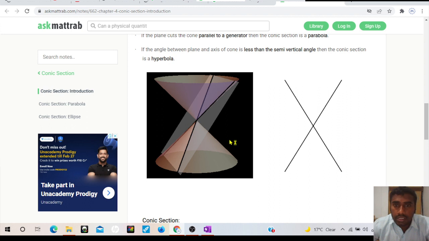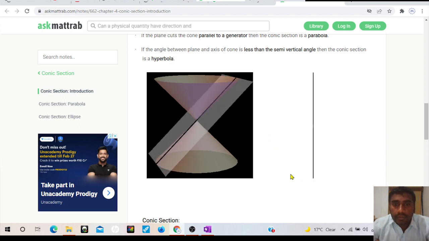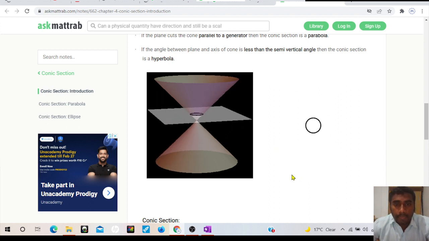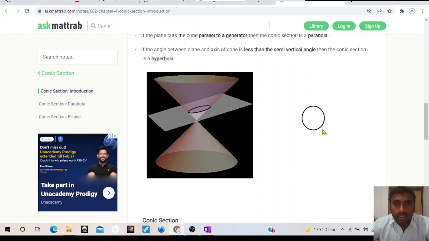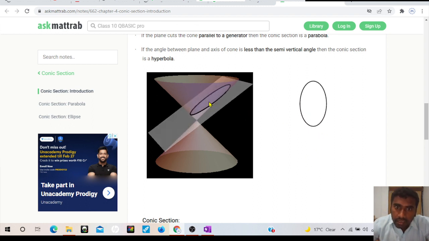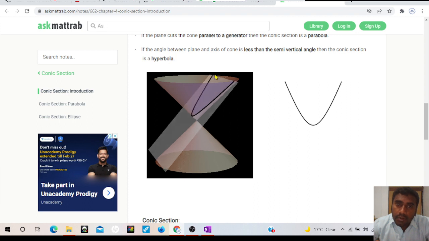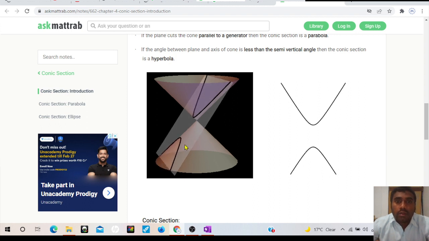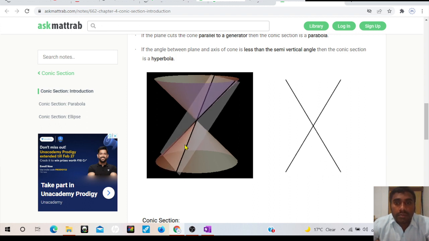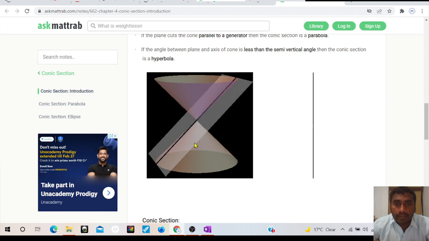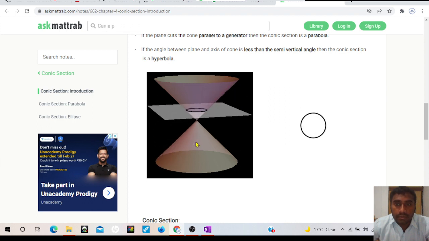See here, you can see once: the circle is forming, the ellipse is forming, then this is the parabola, after that the hyperbola. So all the figures will be forming here.